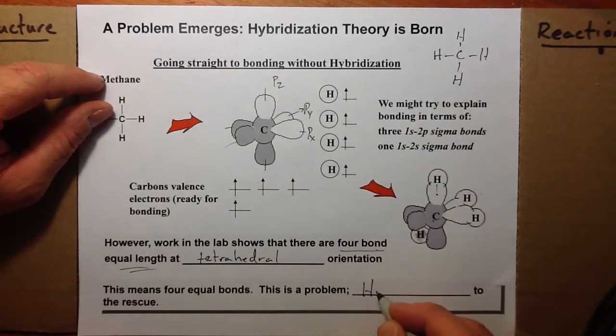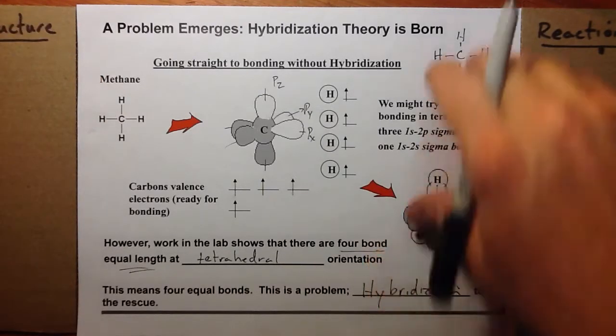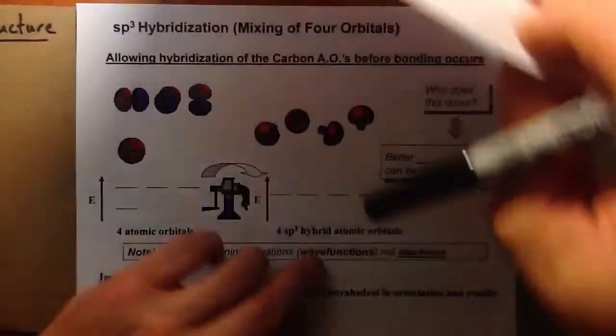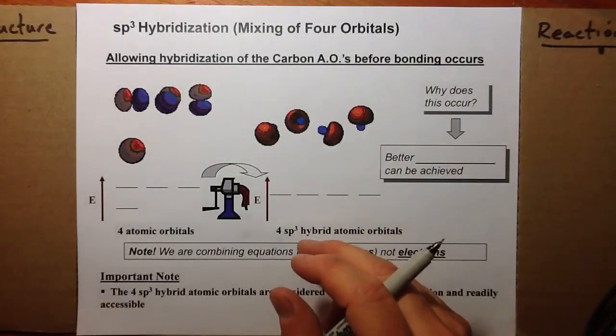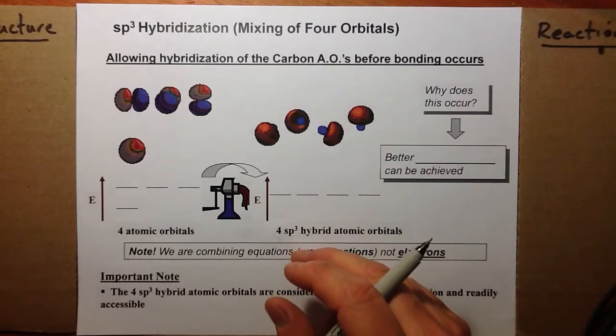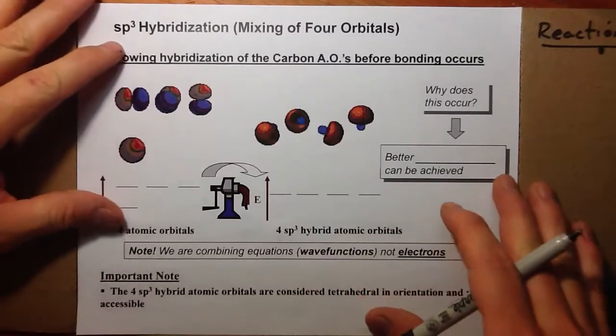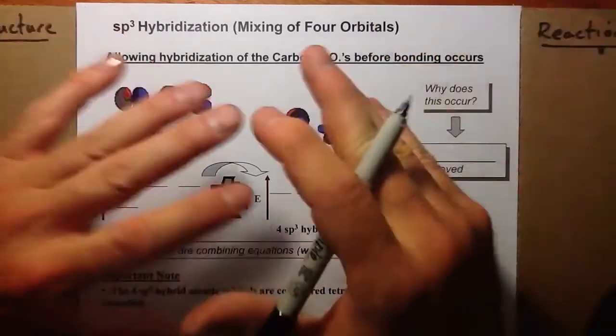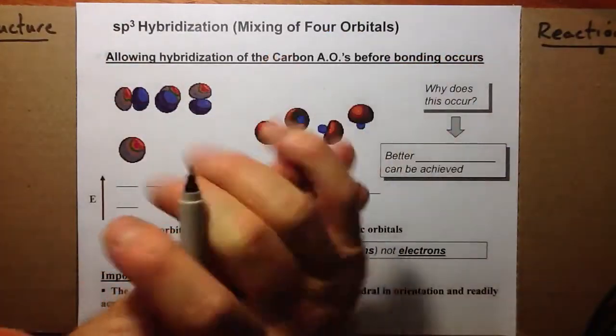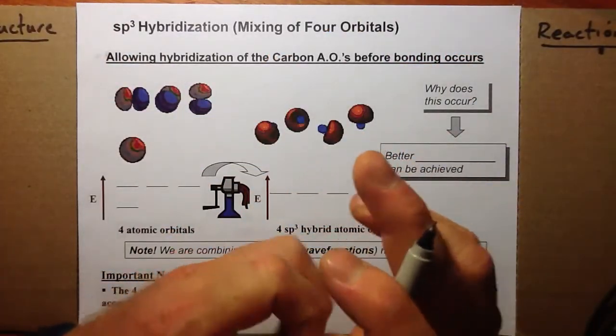Well, hybridization, or Linus Pauling, to the rescue. And we're going to look at just 2 more slides to show how this theory of not only orbital theory emerged, but how Pauling, through hybridization, a tweaking of orbital theory, was able to better explain the bonding we see in methane.